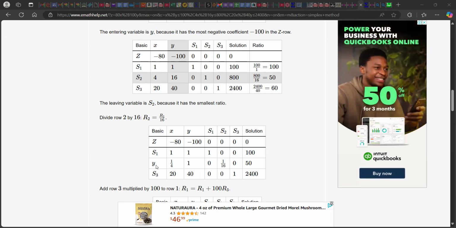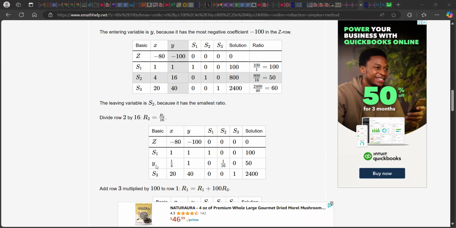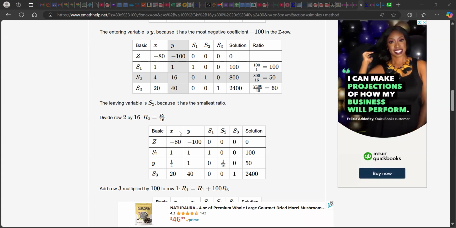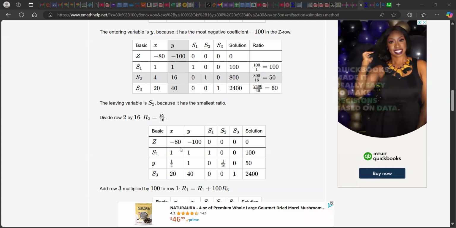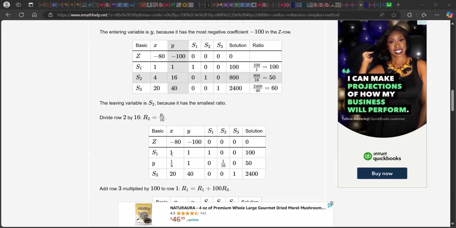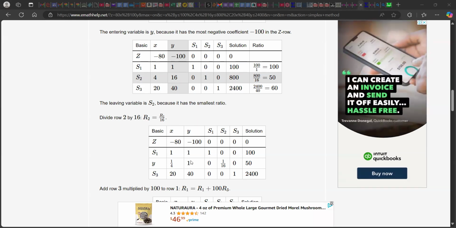Sometimes it doesn't happen. You end up still having S1 or S3 or S2, but you try to replace them with X, Y, and then there's a Z. If you can get Z there, really good. Doesn't always happen in the process. Good. So we have made our pivot element 16 into a 1.